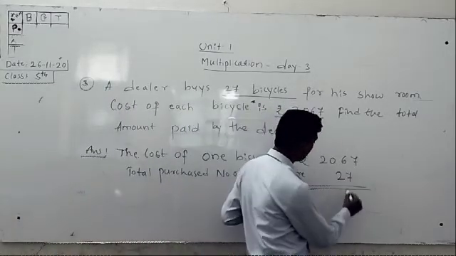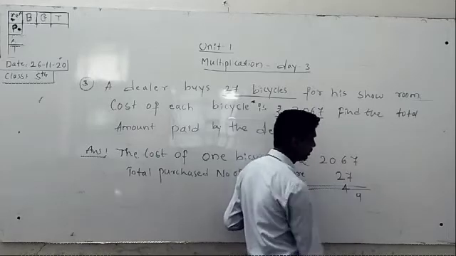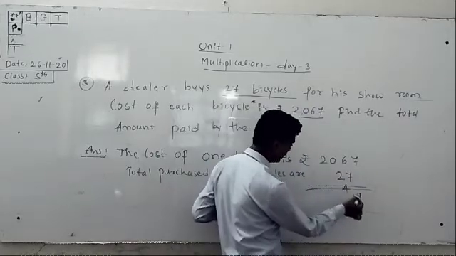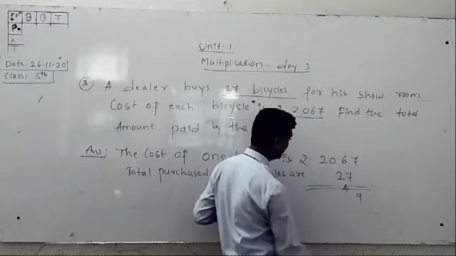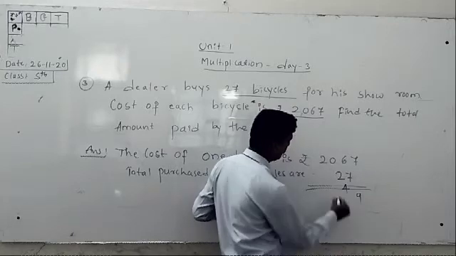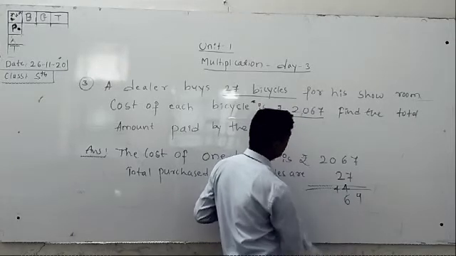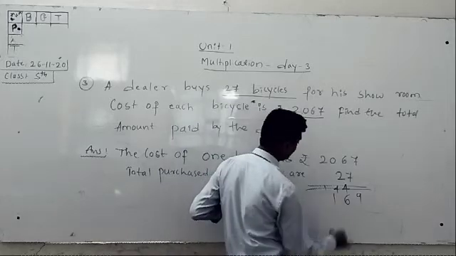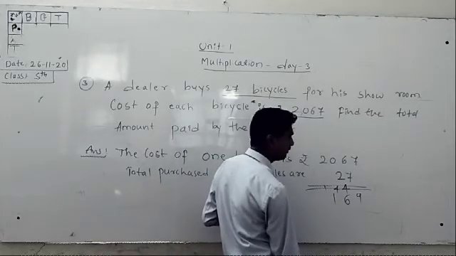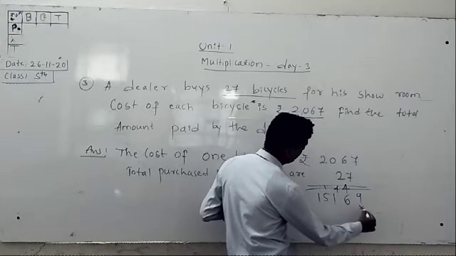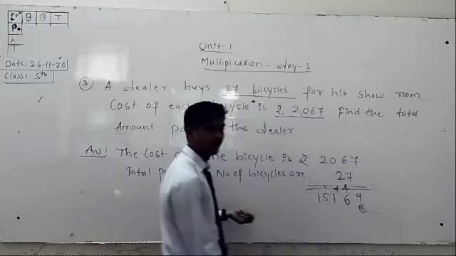7 7s are 49, because you take a single number. 7 7s are 49, 7 6s are 42, 42 plus 4, 46. Then 7 0s are 0 plus 4, 11, 1 carry, 7 2s are 14 plus 1, 50. Then completed one number means you should leave one number.